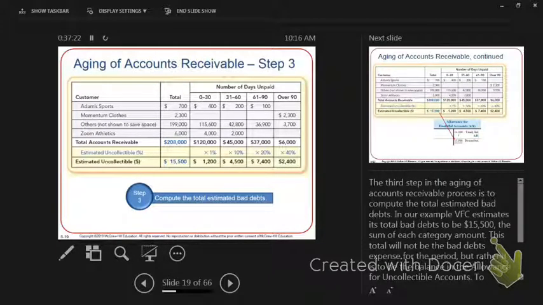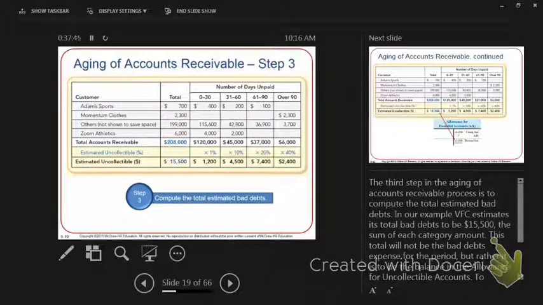Where does that 15,500 go? What did I tell you about that? Goes over here. Where? Where does it go on the allowance for doubtful accounts? Well, we wouldn't debit it. It is the total.